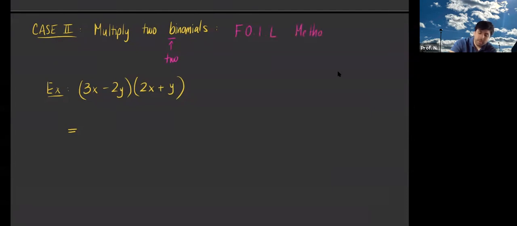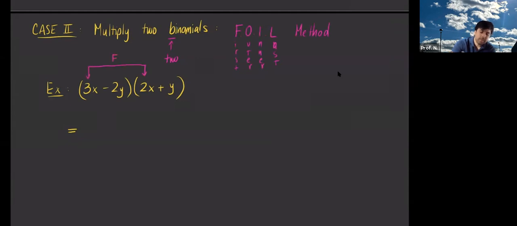Why is it called the FOIL method? Because exactly what you just explained in words. You said take the first terms, then take the outer terms, then take the inner terms, and then take the last terms. That's what the FOIL is for. First, outer, inner, last. So the first terms are the first 2 terms here.